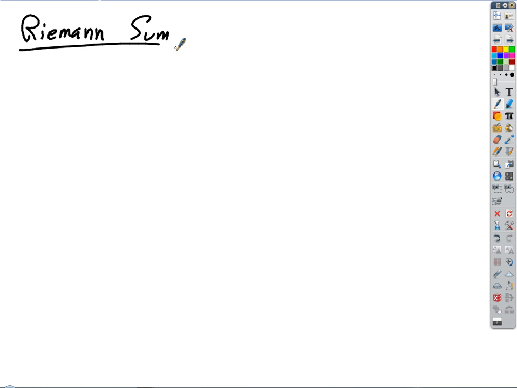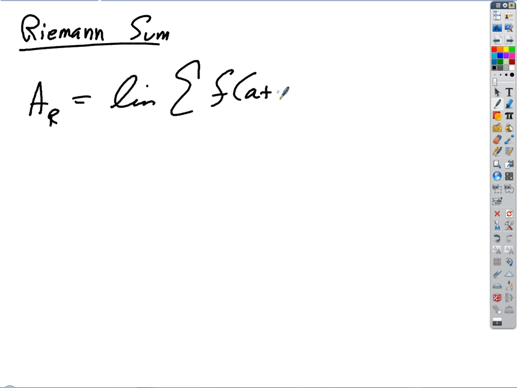So if we want to come up with an absolute area under the curve, it's equal to the limit of the sum of the area of the ith rectangle. What did we say that was? That was just f of a plus i delta x times delta x, right?